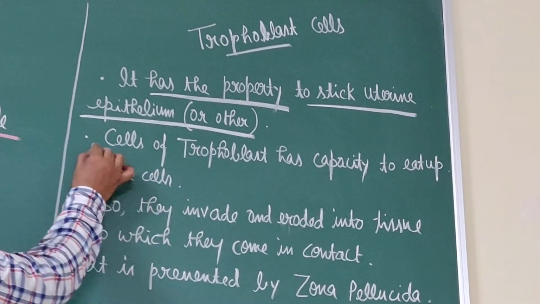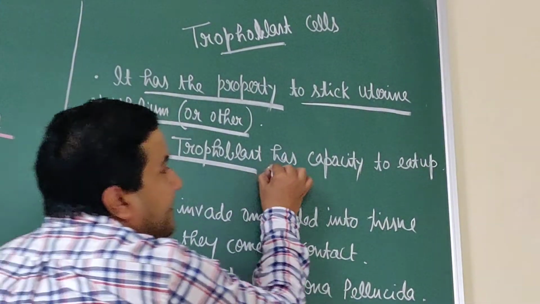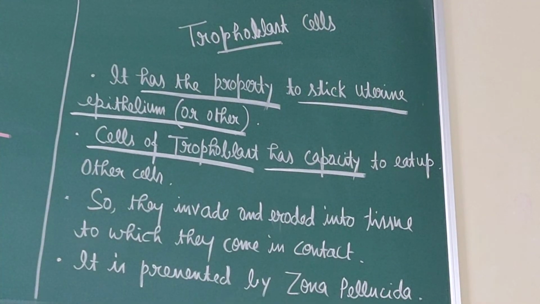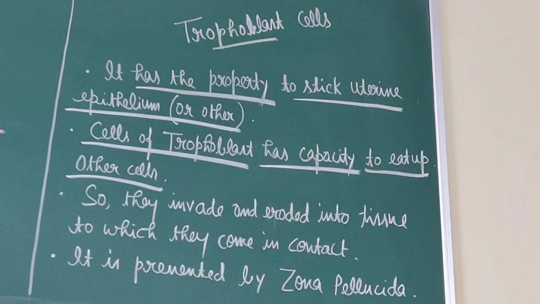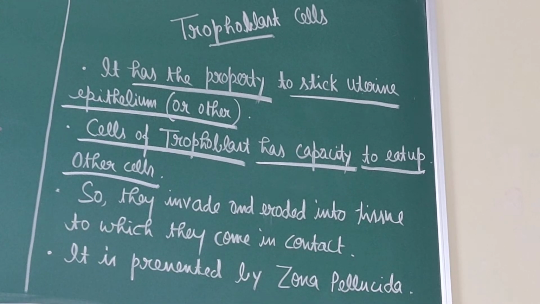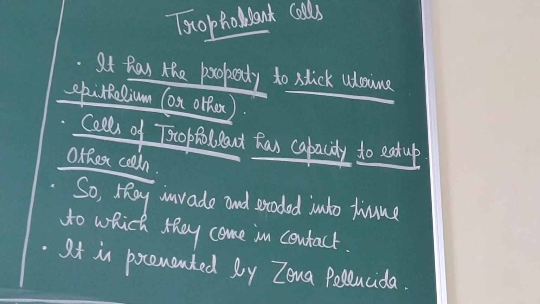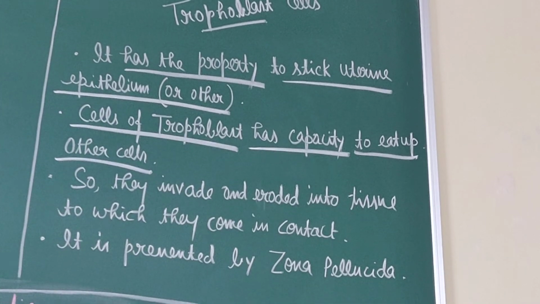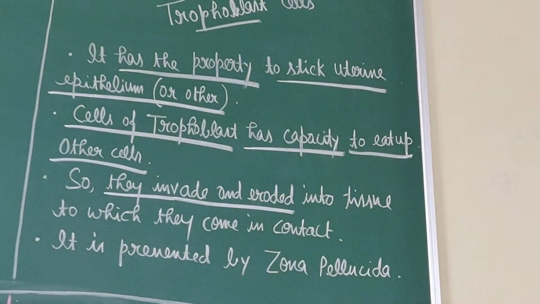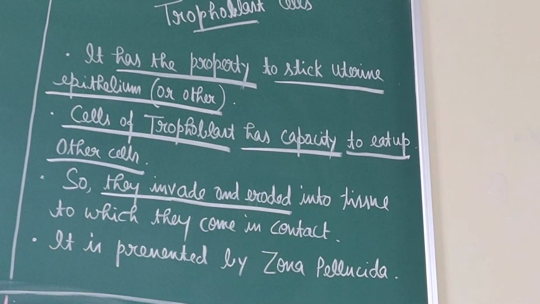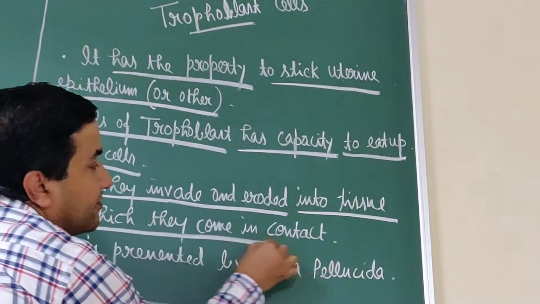Now these cells of the trophoblast have the capacity to eat up other cells, as a result of which they invade and erode into the tissue with which they come in contact.